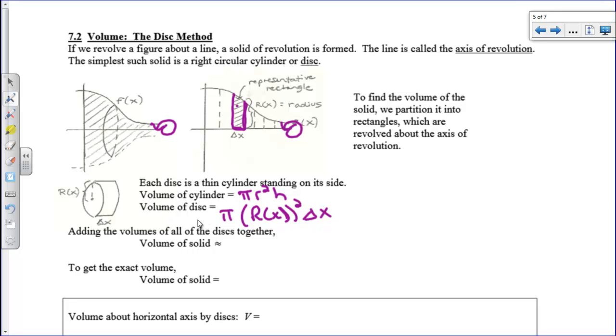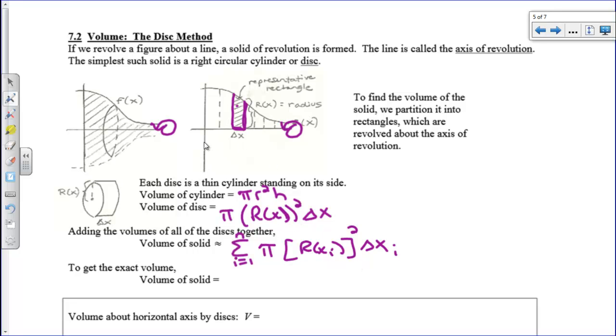Now if we added the volumes of all of these disks together, if we did a whole bunch of these, we would get a summation, where i goes from 1 to however many rectangles we have. We'll say n rectangles, and we're going to make disks of pi times r of x sub i squared times delta x sub i, where x sub i is somewhere between a and b.